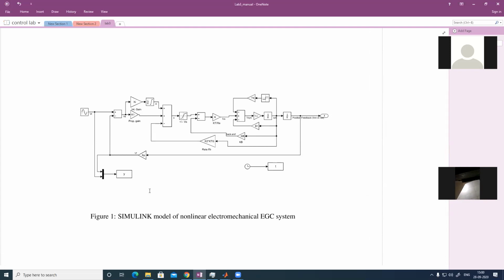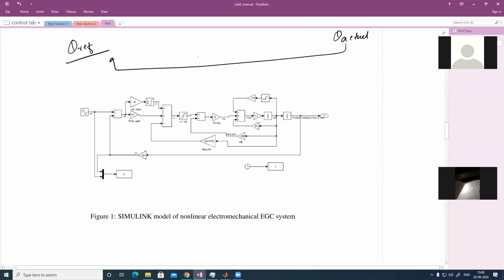From last time, only a very little modification is made. Last time you gave only theta reference to the system, and you took theta actual as output, and the feedback is unity. So you give the theta reference, take theta actual, and compare both.